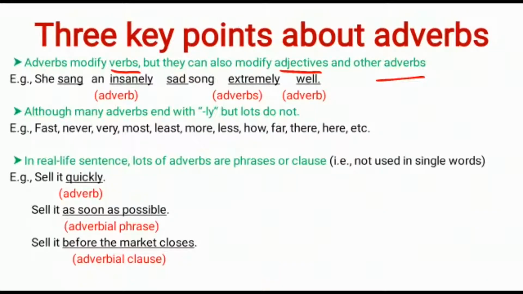Now in this example, the adverb insanely is modifying an adjective sad, and another adverb extremely is modifying another adverb that is well, and we have one more adverb here that is well. Now this adverb is modifying the verb sang. So I hope now you have understood how adverbs modify verbs, adjectives and other adverbs.